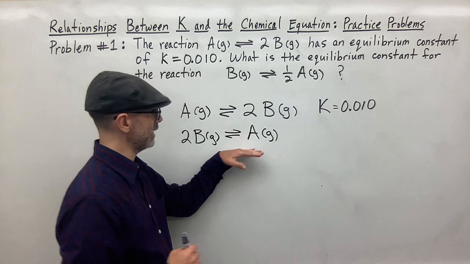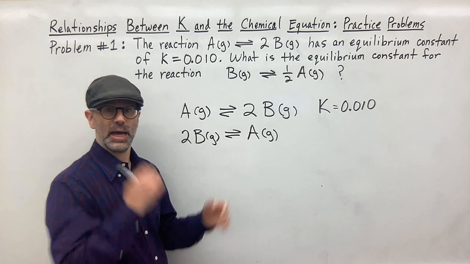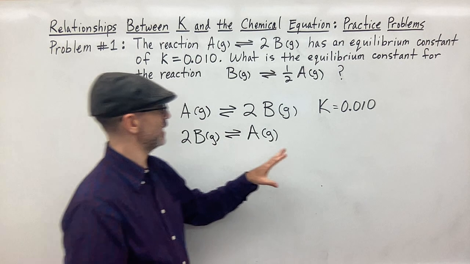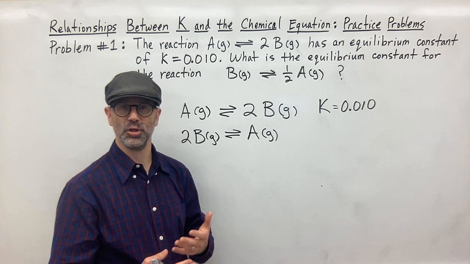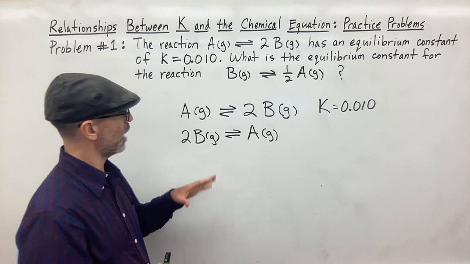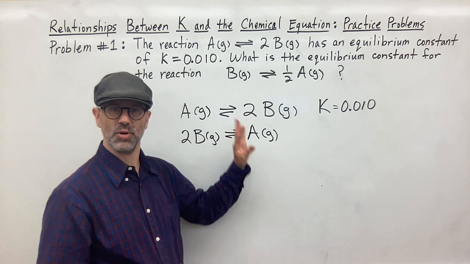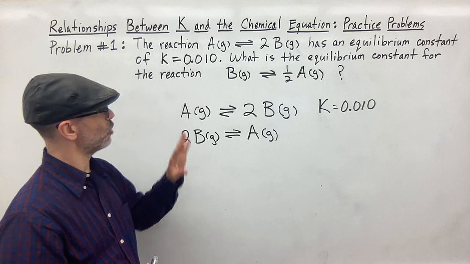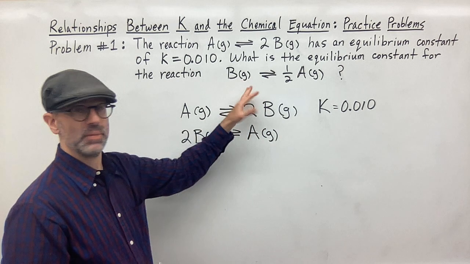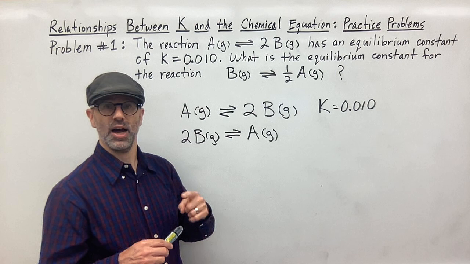So how do I get the K value for this one? Since I reversed it, reversing the equation means that I have to take the reciprocal. I may have misspoke earlier when I talked about reversing the reaction. Reversing the reaction means that my K value is now going to be the reciprocal.